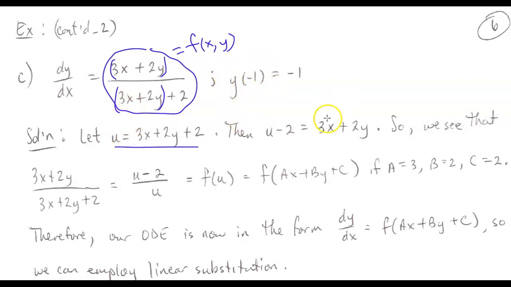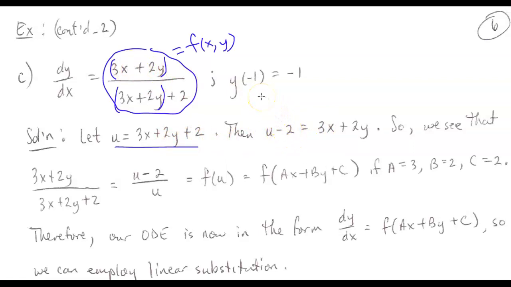So we look at this situation here, and we note that since we got something very similar in the numerator and denominator, that what's in the numerator here, since we have u is equal to 3x plus 2y plus 2, then we know if we subtract 2 from both sides that what the numerator is u minus 2.